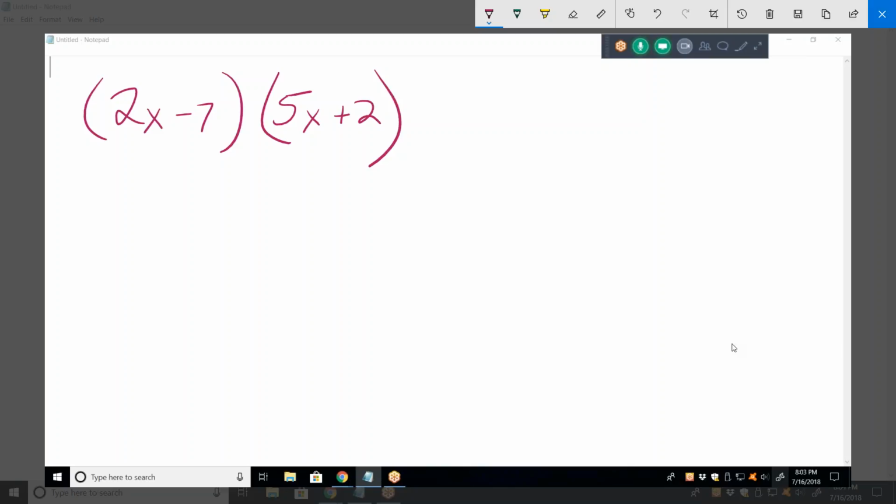In other words, factoring is just going backwards from this. But this is actually more important. You absolutely have to know how to multiply those two terms together.